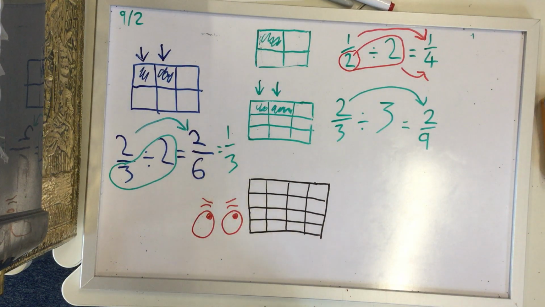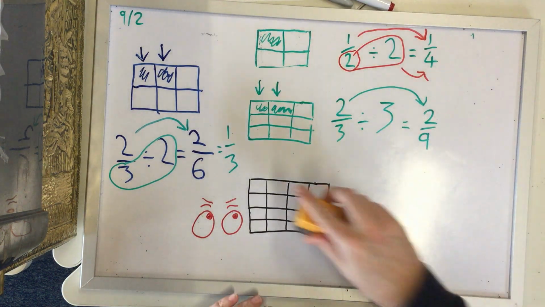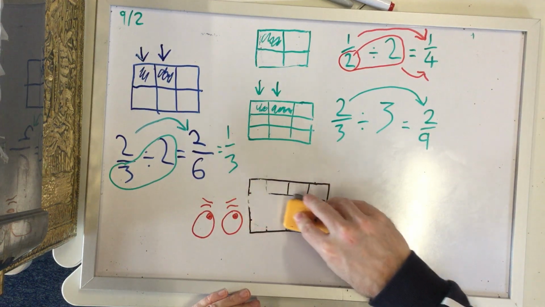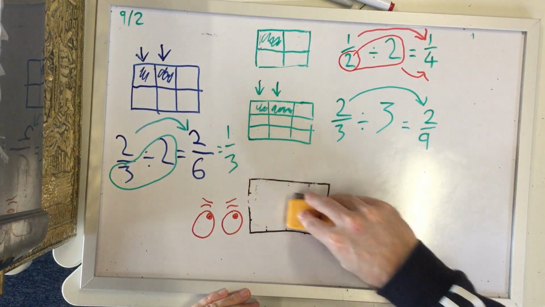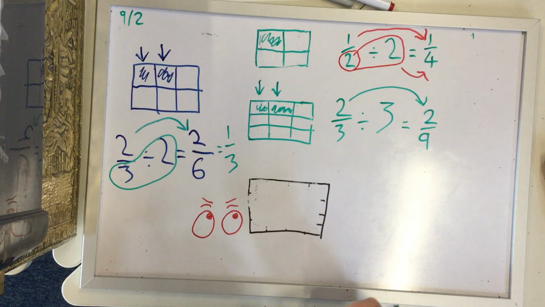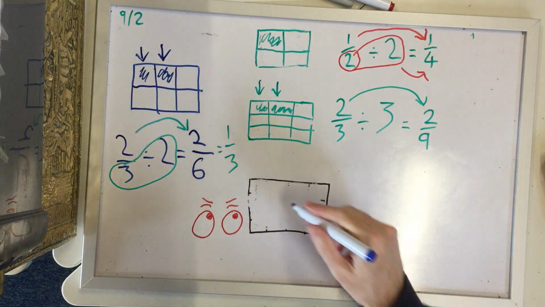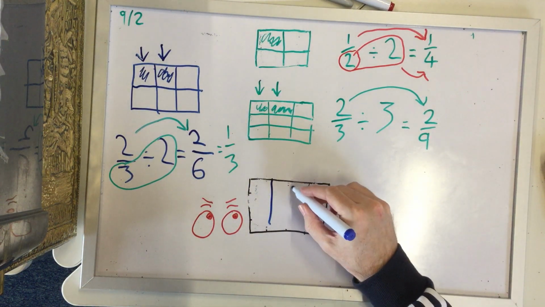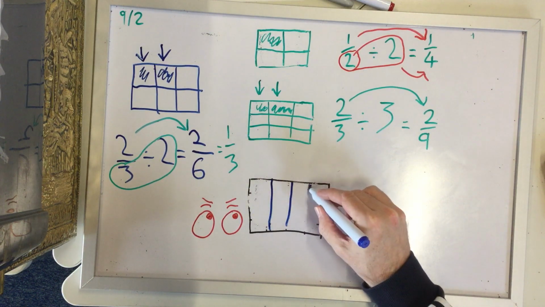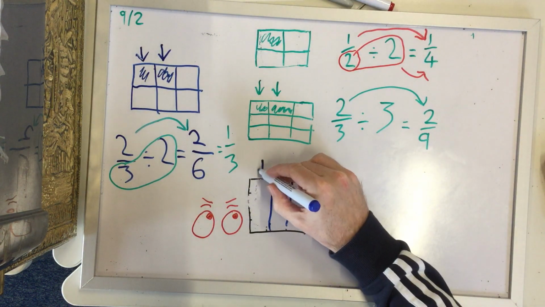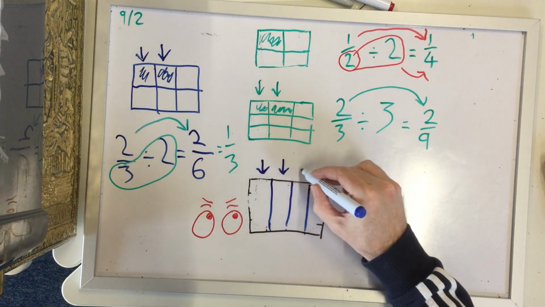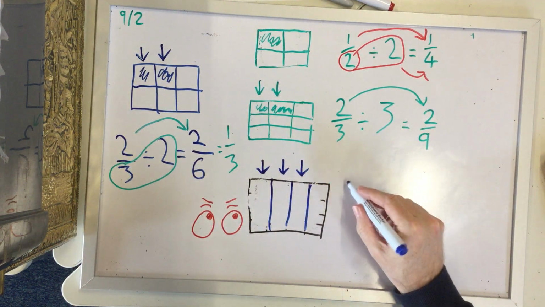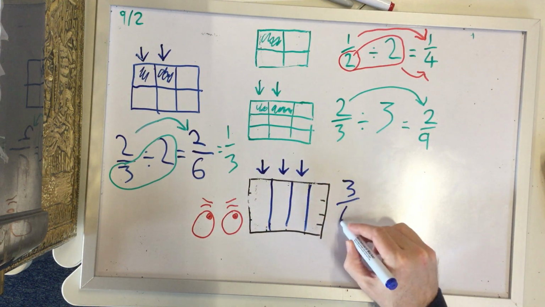Let's go on to this one that I've already set up. As you can see, I was thinking of quarters to start with. In fact, let's take the lines out so we can visualize it. Okay, so if we split it into quarters to start with, I'm going to divide 3/4. So there's my 3/4.